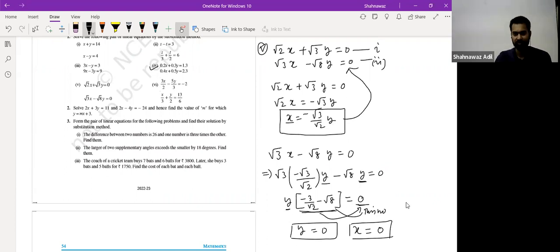Zero, because 0 into something is 0. So x is 0. And you already knew from this part, because something plus something is 0, which shouldn't be the case. So this can only be possible if x is 0 and y is 0, right? So that is why x is 0 and y is 0 is the solution, right?